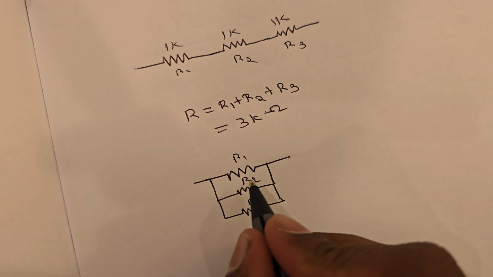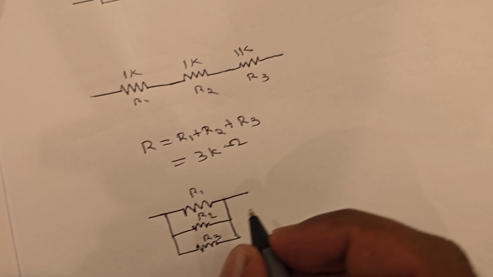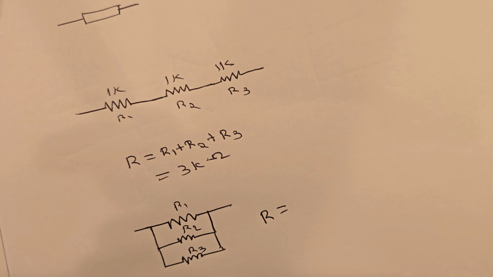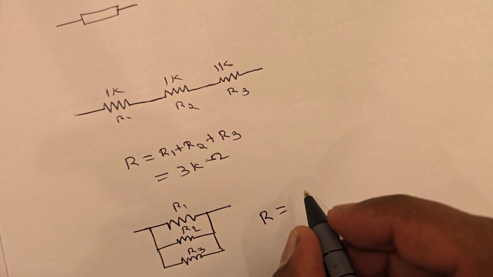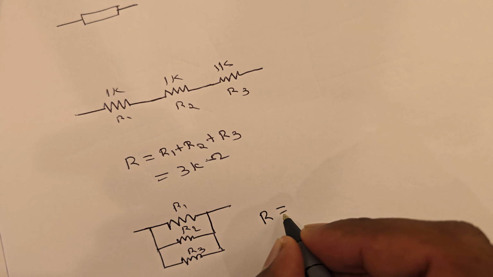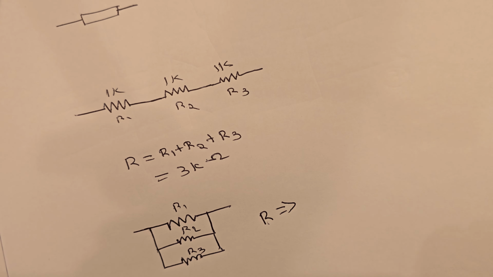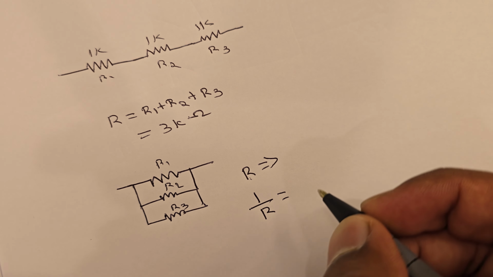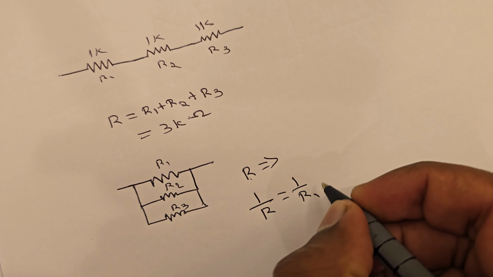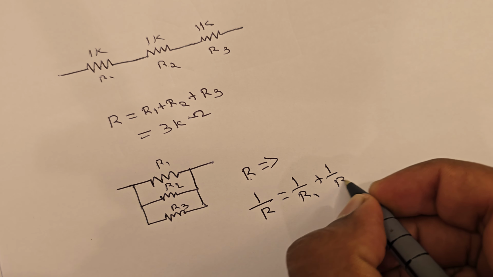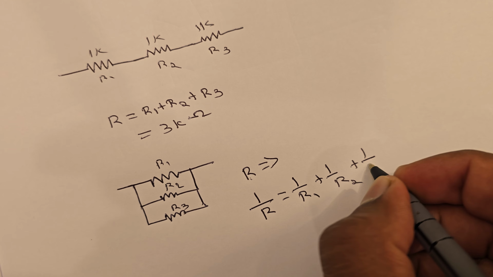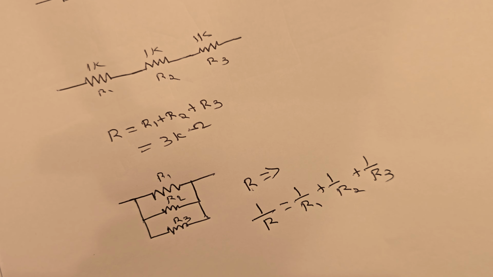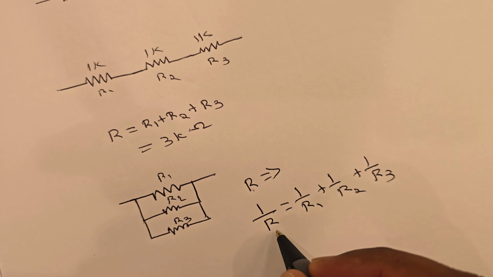If the resistors are in parallel, the effective resistance R, which is the total resistance of the circuit, we can get from the equation 1 by R is equal to 1 by R1 plus 1 by R2 plus 1 by R3. From this equation we can find R.